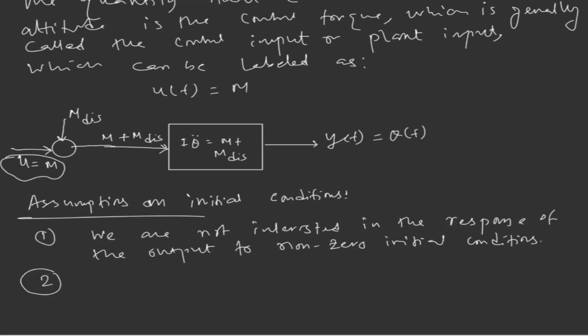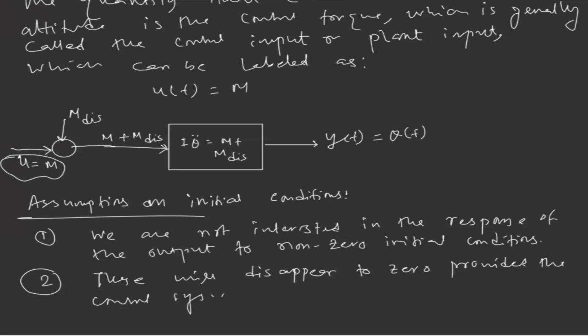And second, even if you consider non-zero initial conditions, this non-zero initial condition will disappear to 0, provided the control system is designed to be asymptotically stabilizing.